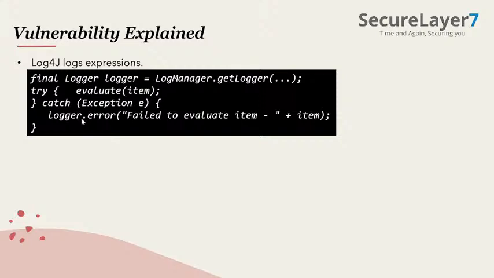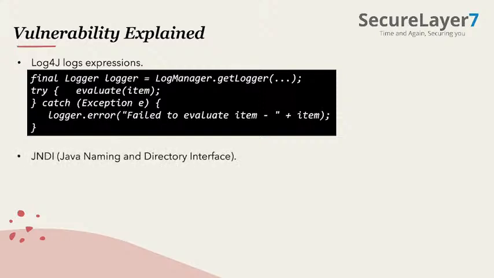In the catch part, if the evaluation failed and we have some sort of exception, we log it into the file with logger.error: failed to evaluate item, and the item value, right? It's a very simple thing. Whatever you are submitting there is being logged. Pretty normal stuff, like all loggers do, nothing special here.